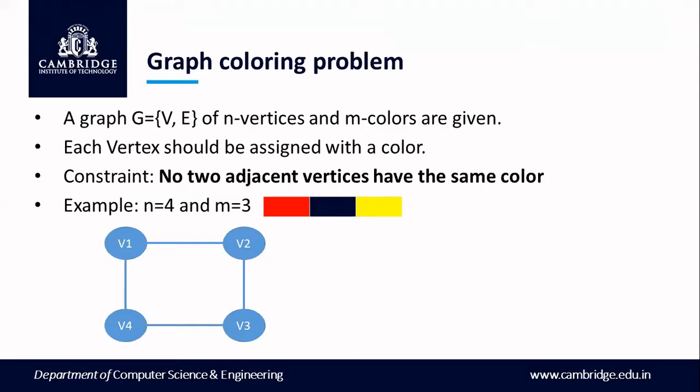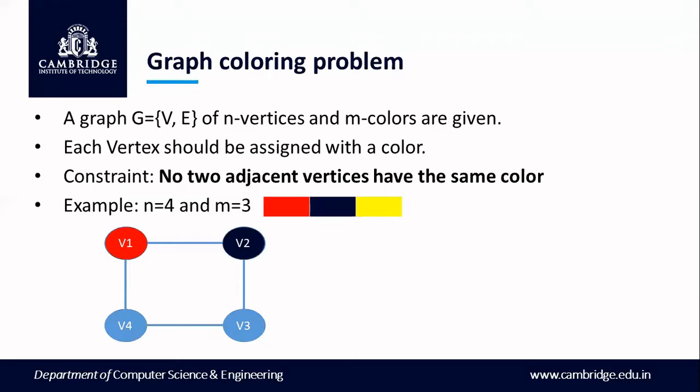Okay. Suppose we start painting, and the first color is red. Can we apply it onto V1? If we apply it to V1, then the next option for V2 is either black or yellow. Suppose we select black. For V3 or V4, you can select any one of these.